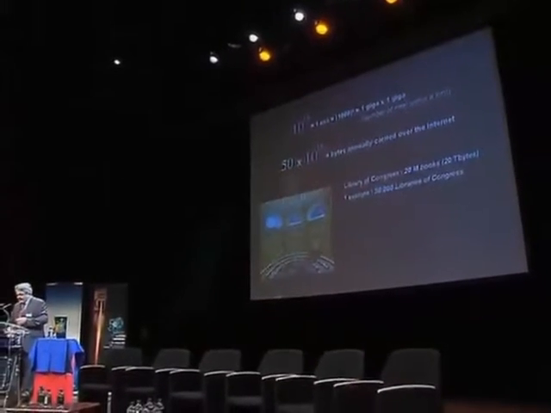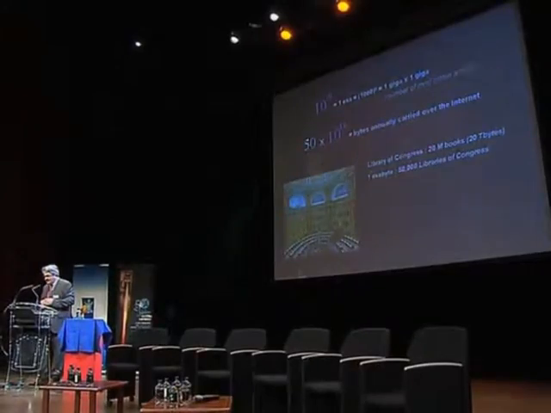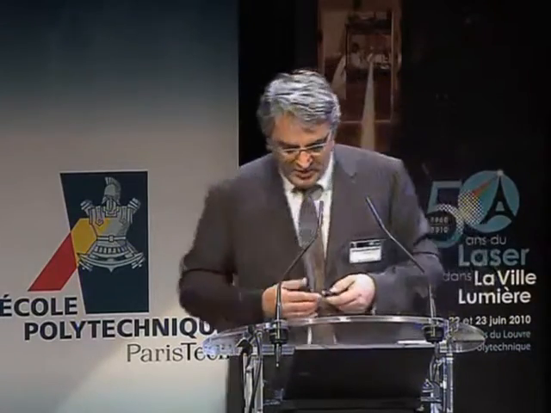The Library of Congress is, say, 1 exabyte is 50,000 Library of Congress. So we have 50 times 50,000 Library of Congress that is annually carried, and if you divide that by the number of days, that's 150 billion books every day, equivalent in traffic.